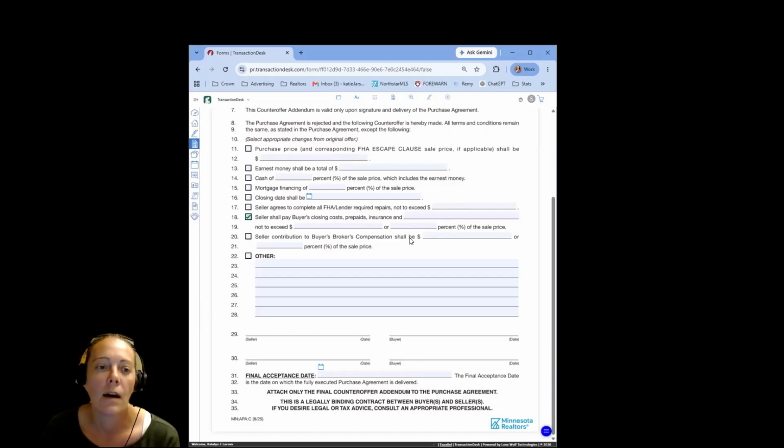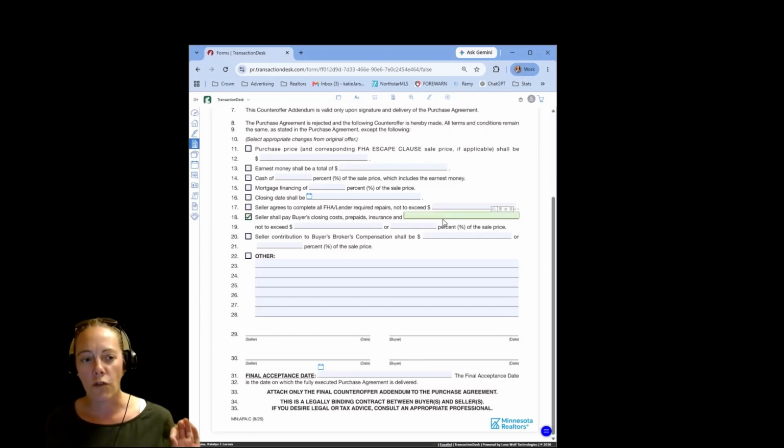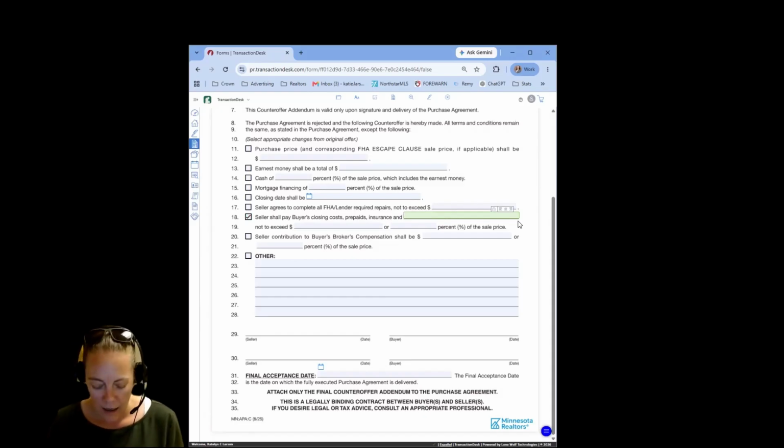Okay. How you fill this out, because I know some people get confused with this every once in a while. It says seller shall pay buyer's closing costs, prepaids, insurance, and it gives you a line to fill something in. Okay.